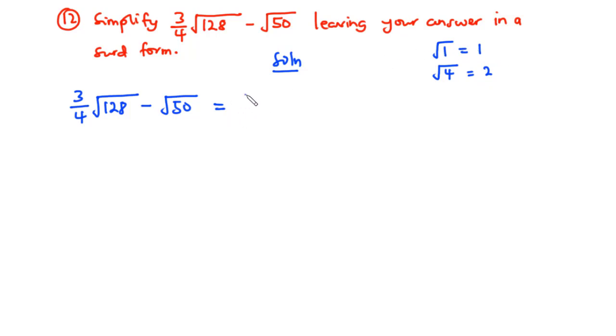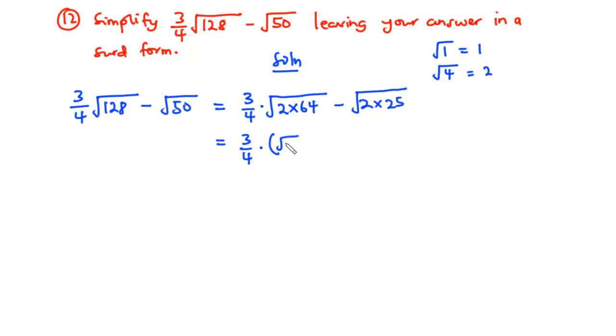So we can have 3 over 4 times the square root of 2 times 64, minus the square root of 2 times 25. At this point, we are going to split the square root. Mind you, 3 over 4 is only affecting this part of the expression.